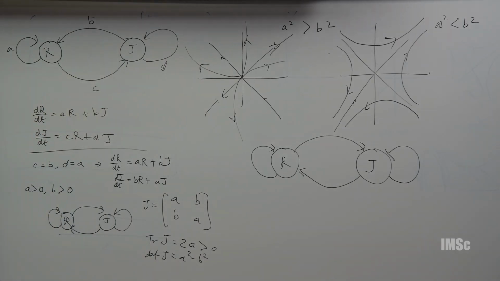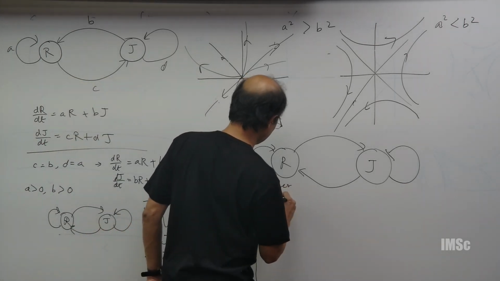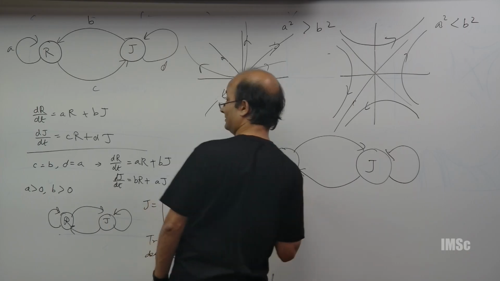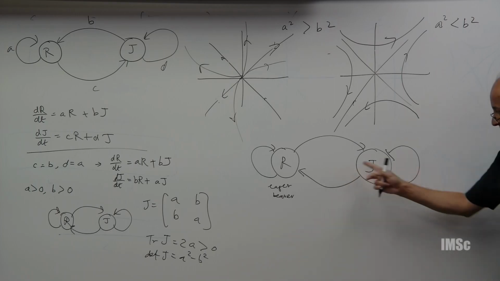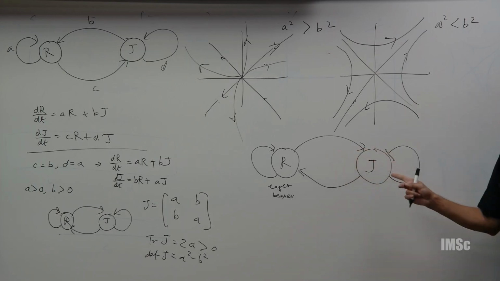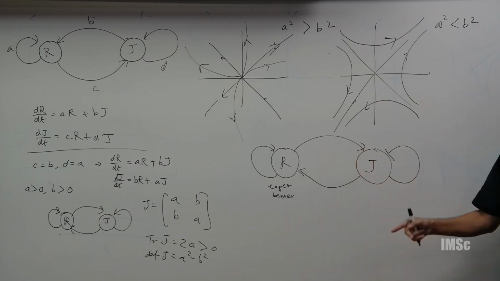Now the lovers are non-identical. So Romeo is an eager beaver. What is Juliet's style? She is a cautious lover. If there is no signal coming from Romeo, she quickly suppresses her feelings, but if there is a signal coming from Romeo, she reciprocates.